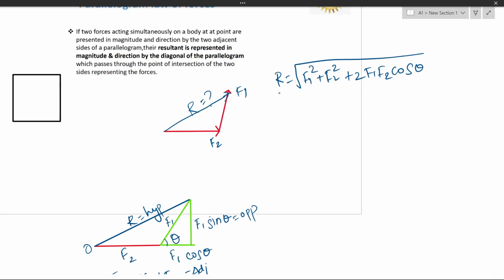There are some cases we can apply. Case one: if theta is equal to 0 degrees, F1 and F2 are on the same axis.